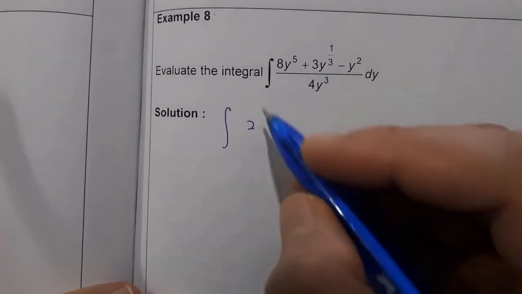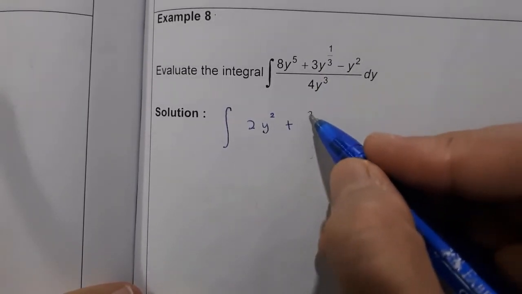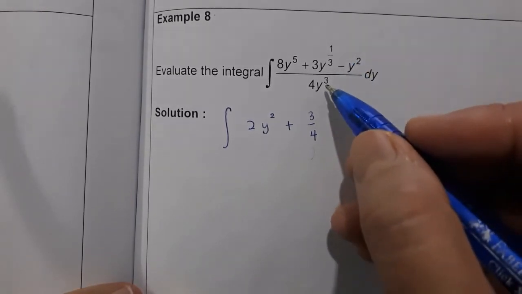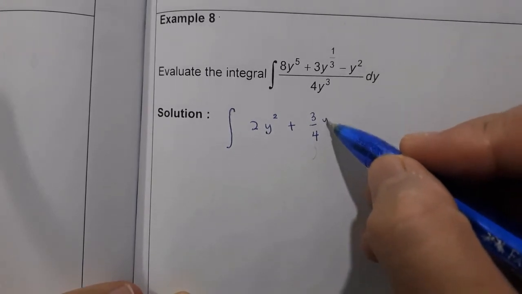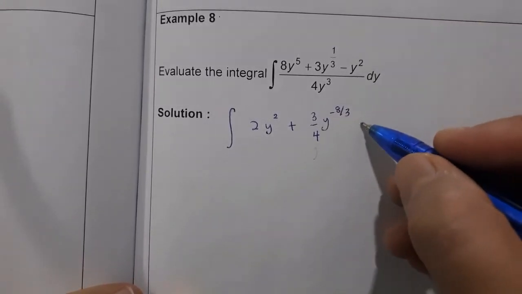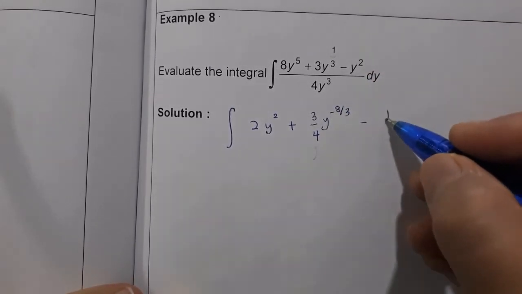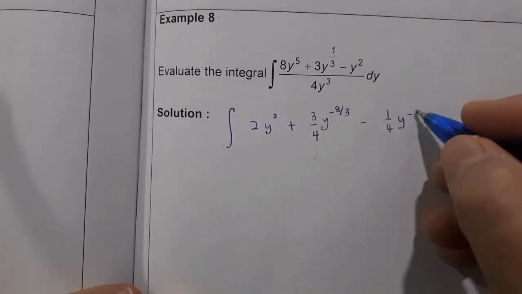So 5 minus 3, y squared. Plus 3/4 y^(1/3) over y^3. So 1/3 minus 3, we get negative 8/3. Minus y squared over 4y cubed. So 1 over 4y, 2 minus 3, negative 1.